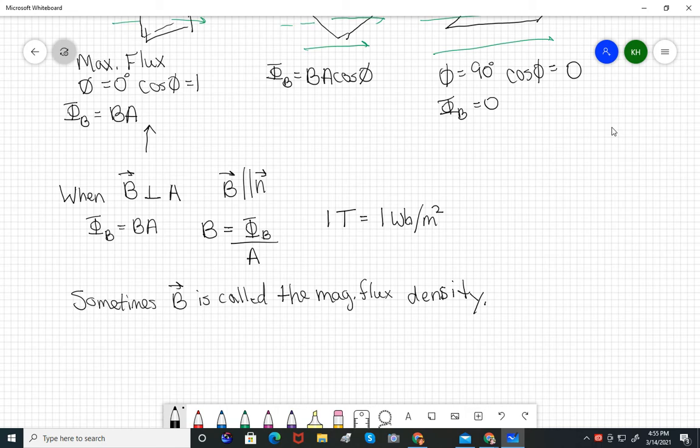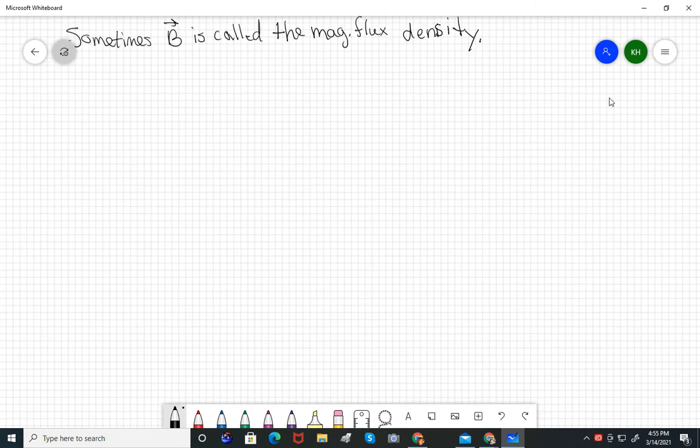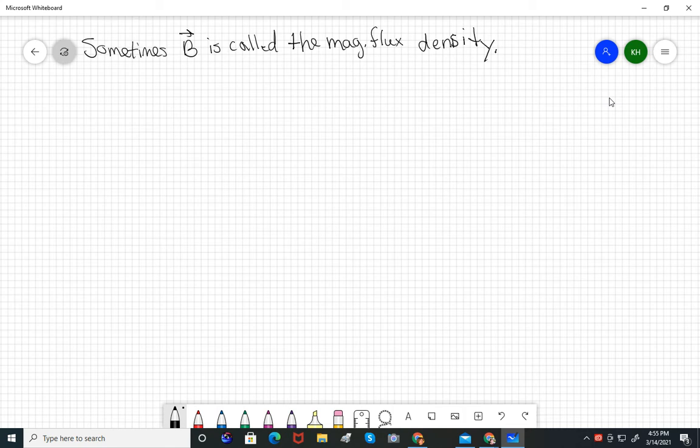All right, let's look at an example problem. Example 21.1, and this is straight out of your book. It says we have a plane, which simply means flat, a plane surface, A, that has an area of 3.0 centimeters squared.